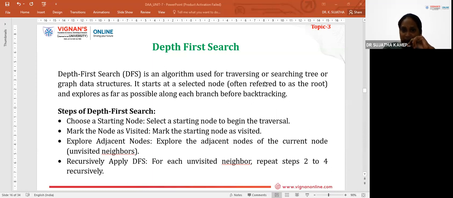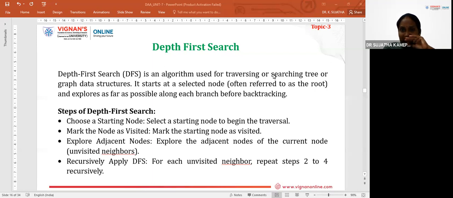This procedure starts at a selected node, usually the root node, and explores as far as possible along each branch before backtracking. So first it goes to the depth of that particular branch before backtracking to the next level.